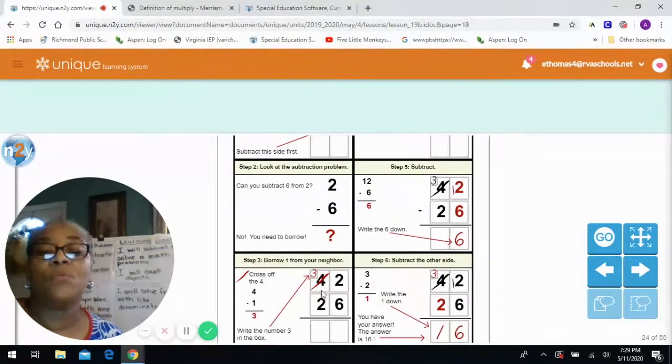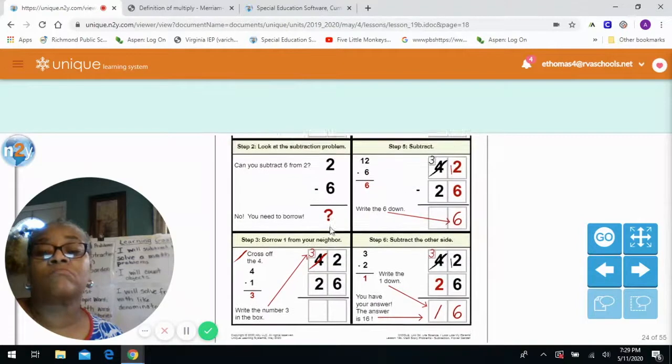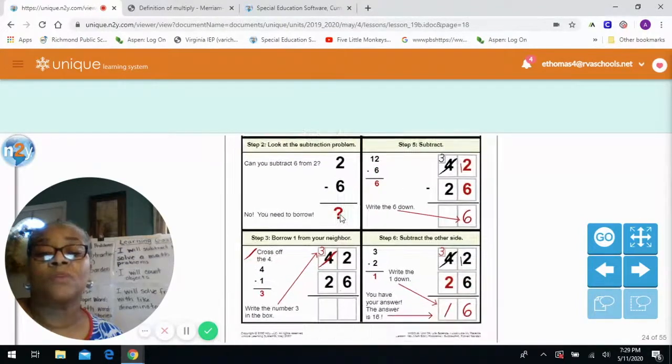So we're borrowing 1, or a 10, from the neighbor. Okay, so then we make that 4 a 3. Okay, so now we could subtract, but we had to make this 4 a 3.